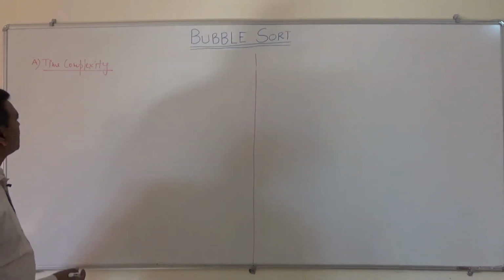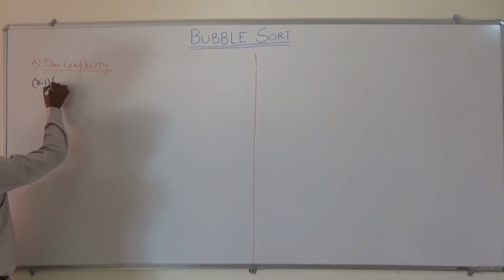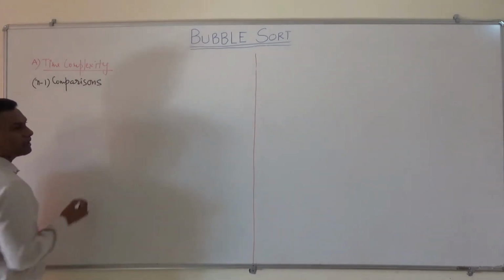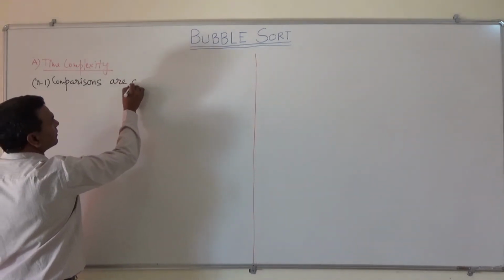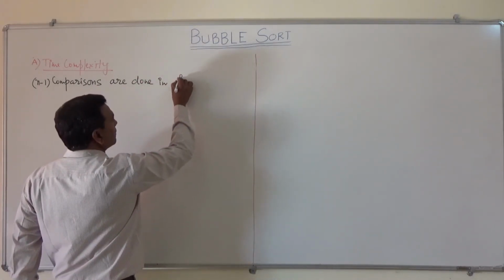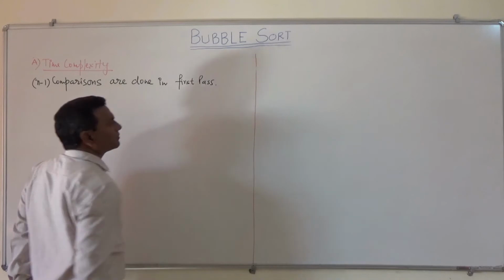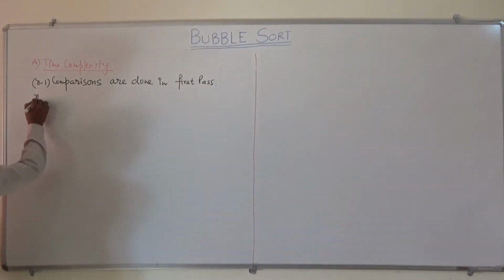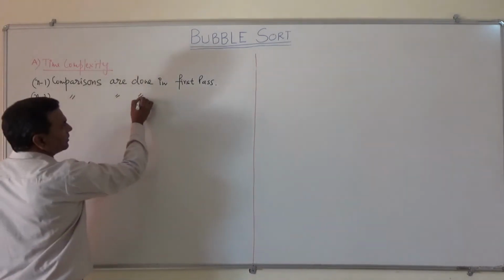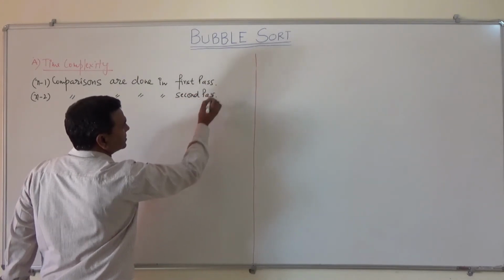As we have already seen, n minus 1 comparisons are done in the first pass, and n minus 2 comparisons are done in the second pass.